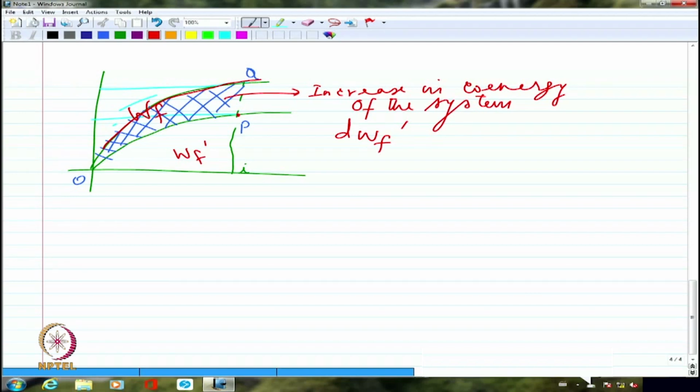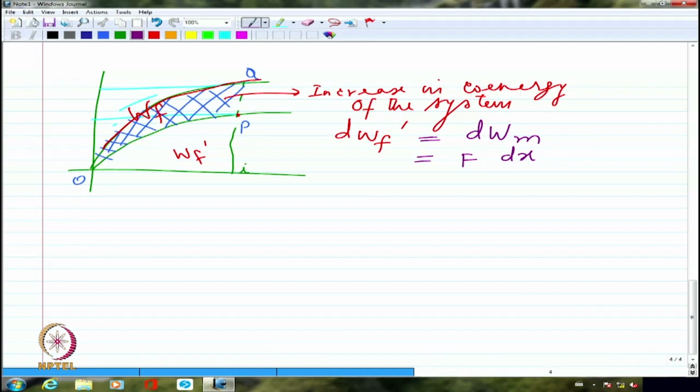So I hope that it will clarify matters. Please read through PC Sen or any other machines book once again, from the Electromechanical Energy Conversion Principle. So I would say dWf dash will be equal to dWm in this particular case. Now this I can write as f dx, where dx is x2 minus x1 or x1 minus x2, whatever is the difference.